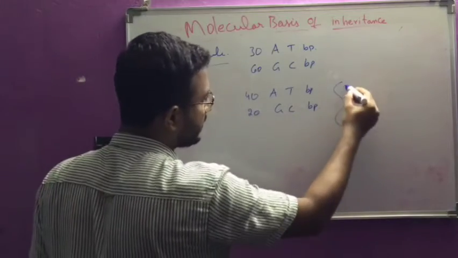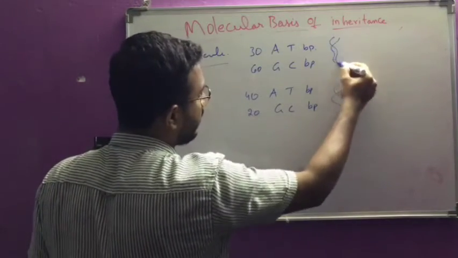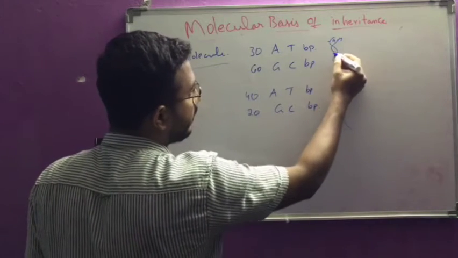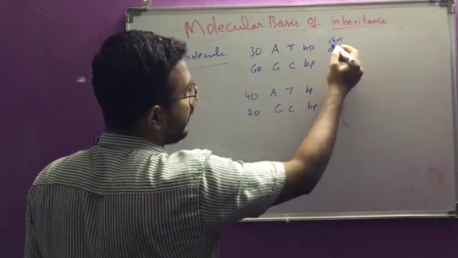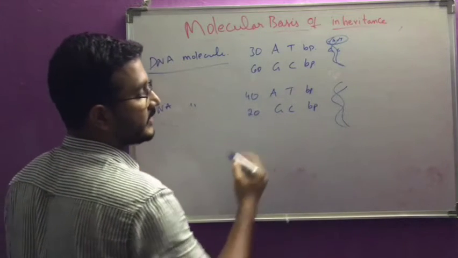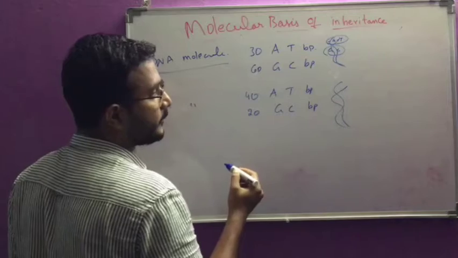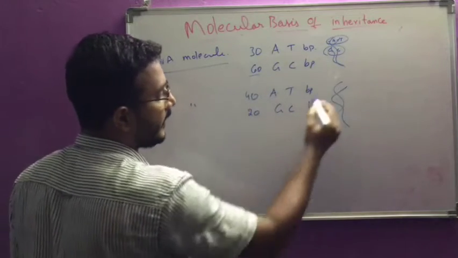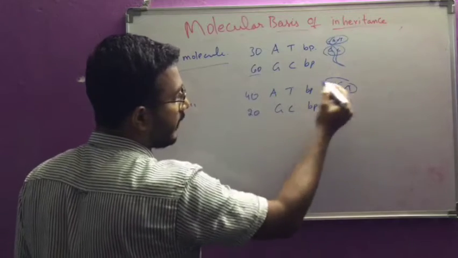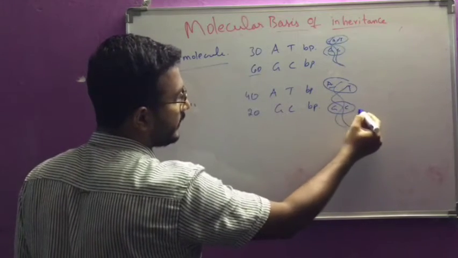For example, this is the DNA here and this is the DNA here. So they are telling adenine-thymine and guanine-cytosine: this one has 30 adenine-thymine base pairs and 60 guanine-cytosine base pairs, and here 40 adenine-thymine and 20 guanine-cytosine.